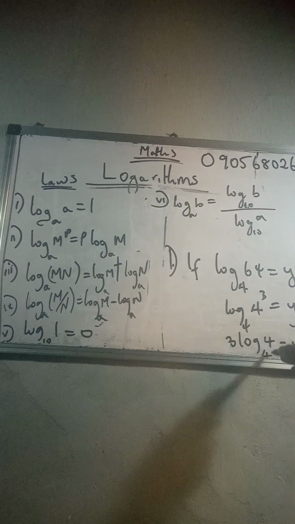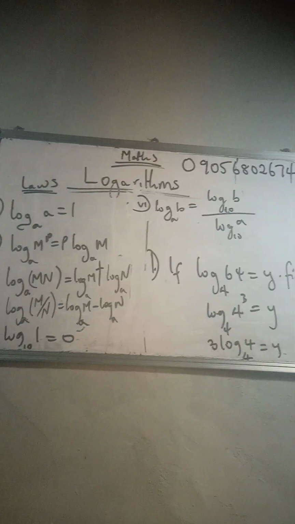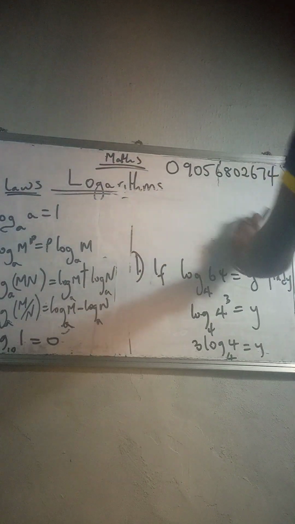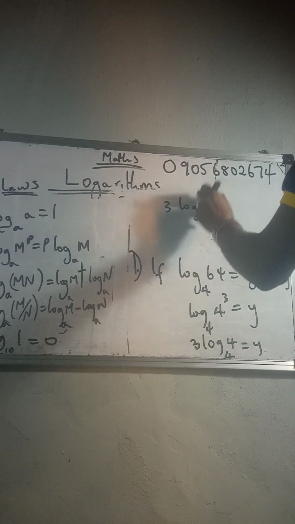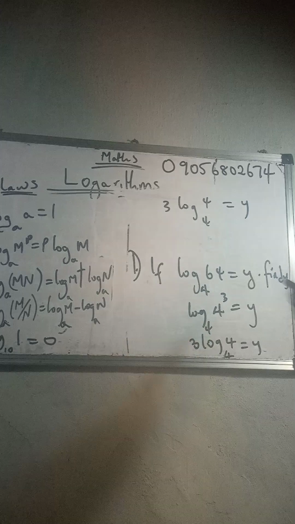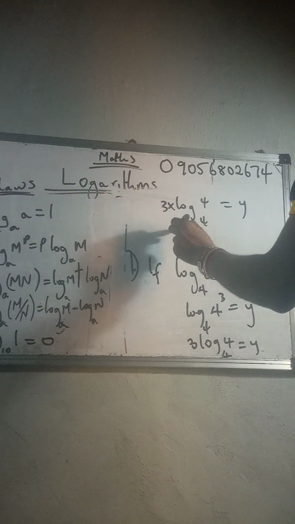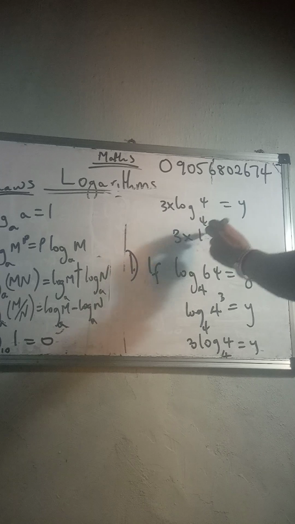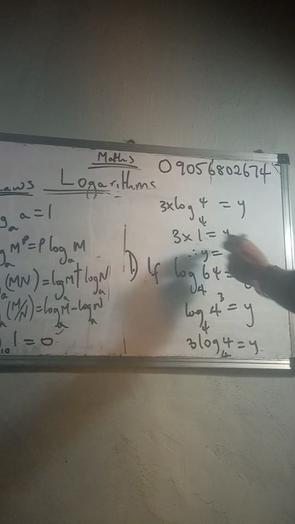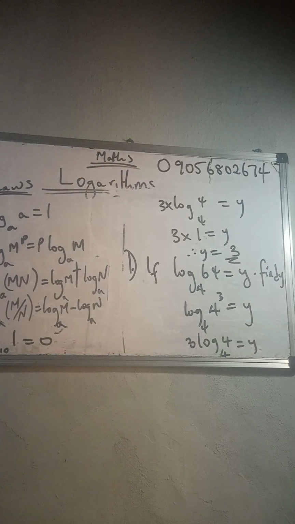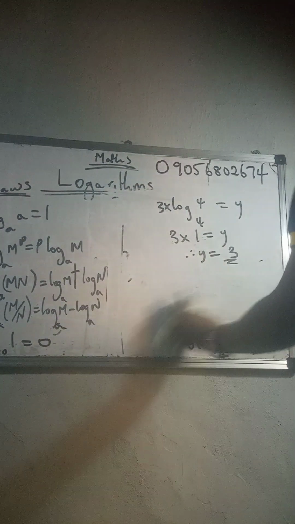So log 4 base 4 is already 1, and solving becomes very easy. 3 log 4 base 4 means 3 times log 4 base 4, which is 3 times 1 equals y. So y equals 3 times 1, which is 3. The answer is y equals 3.